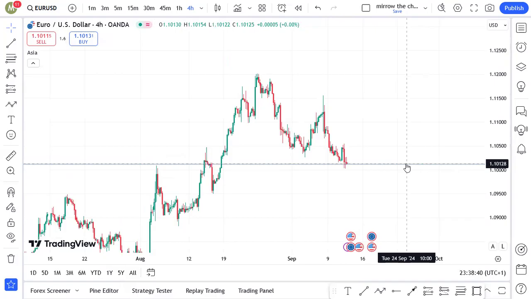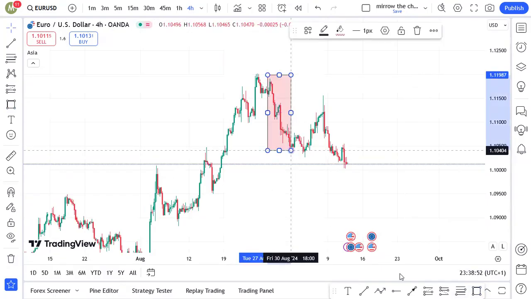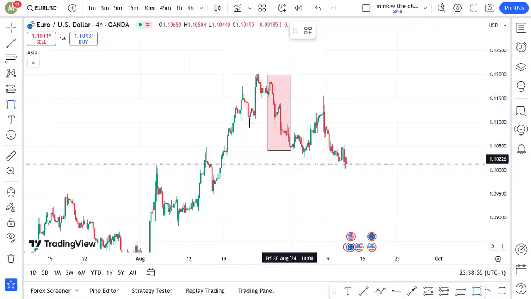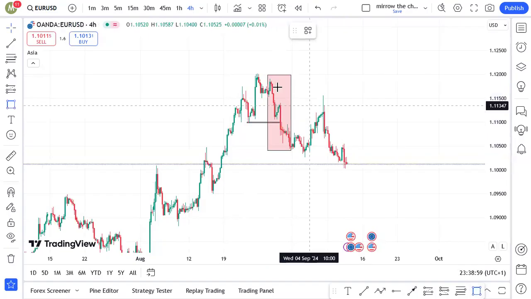What are those things inside the structure that attract price to come back to mitigate that guy? Now, this is the range that we mark out after price broke structure, leaving our POI.